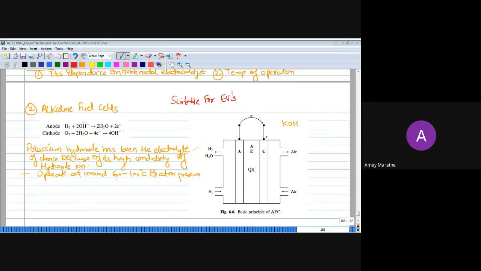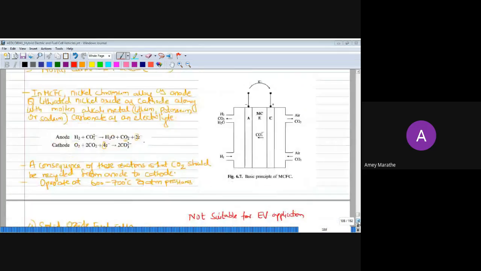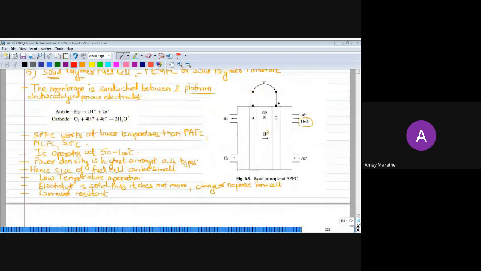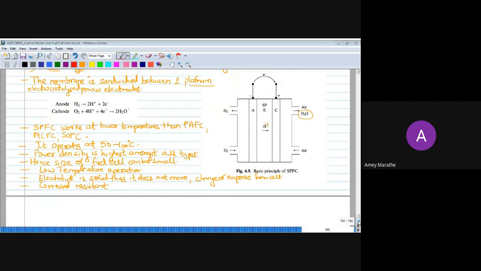Again, why? Because the operating temperature is 60 to 100. And we see that there are a lot of advantages. So out of all these, I think only two out of five fuel cells are suitable to be used in EVs.